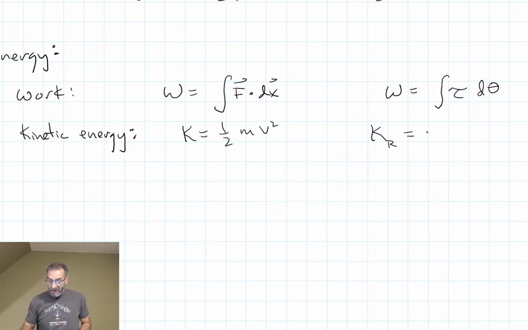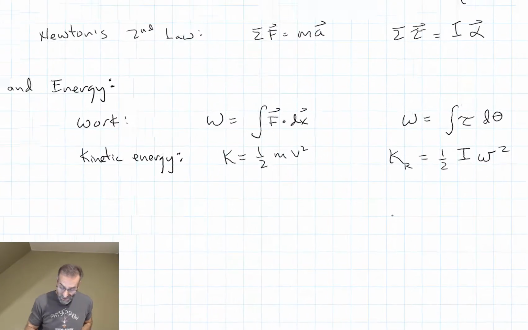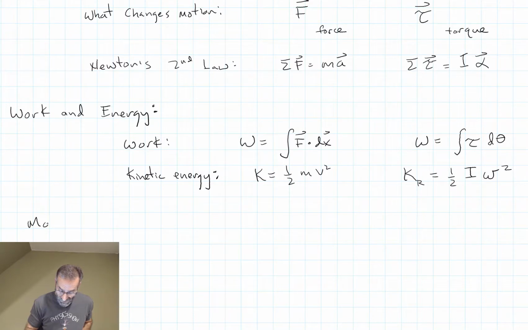And that's equal to, what do you think that's going to be equal to? 1/2. What's our rotational equivalent for mass? Rotational inertia. What's our rotational equivalent for velocity? Angular velocity. 1/2 I omega squared. And our last lens is momentum. When something's moving in a straight line, it has momentum.